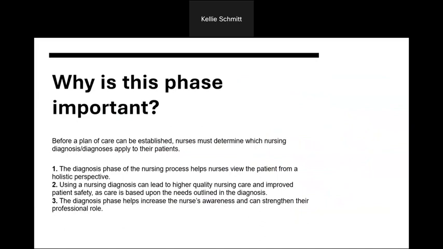Using a nursing diagnosis can lead to higher quality nursing care and improved patient safety. Care is based on the needs outlined in the diagnosis or multiple diagnoses. The diagnosis phase also helps to increase the nurse's awareness and can strengthen their professional role.